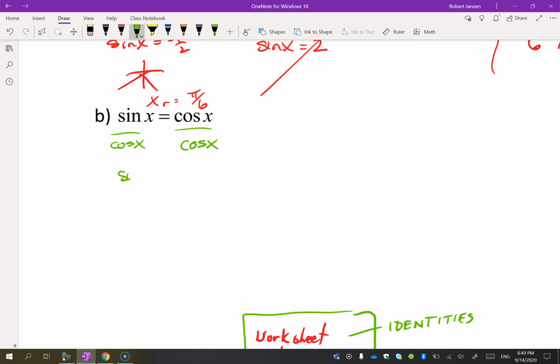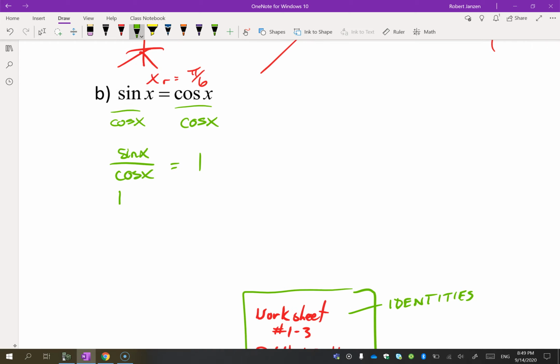This gives me sine over cos equals 1. And sine over cos is tan. So now I know I'm here and here, and the reference angle is pi by 4, which is what I just mentioned. So we have pi by 4 and 5 pi by 4.